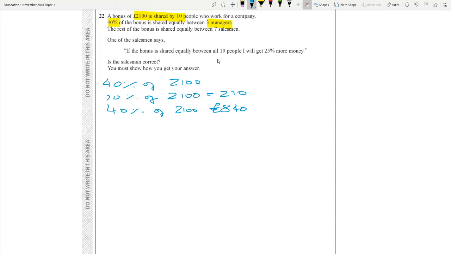The rest of the bonus, so what's left? Work out 2,100 minus 840.